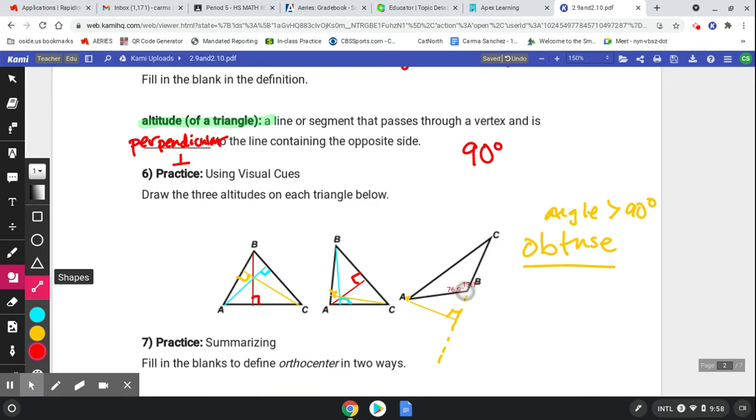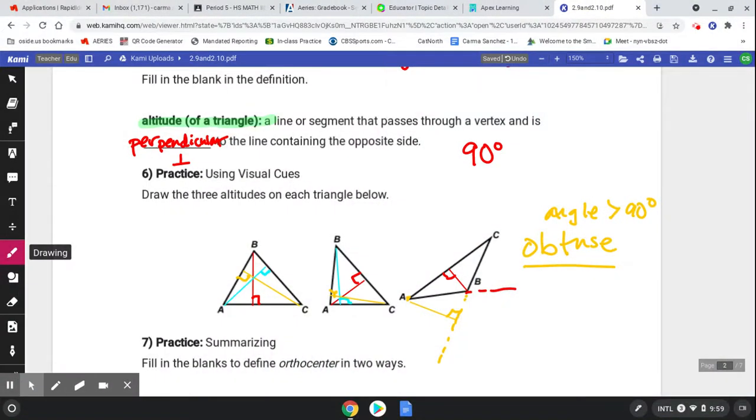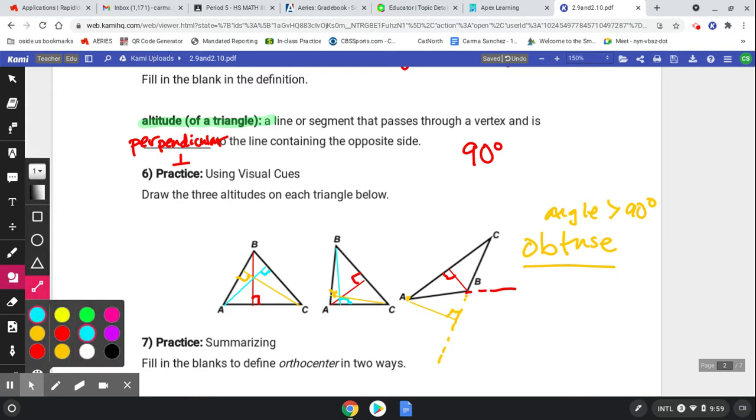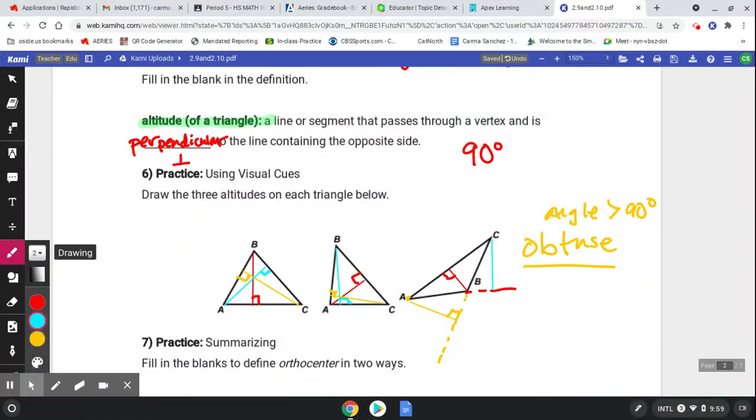Hang on. There we go. So that altitude is inside, but go check out C. C also needs an extension because C is also going to be drawn outside. Straight down, forming the 90.